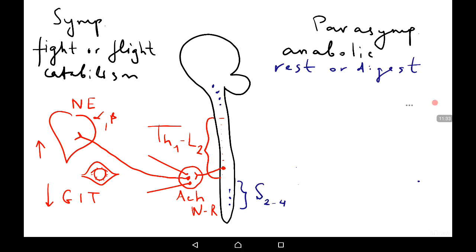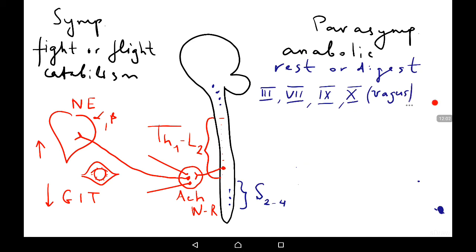So some cranial nerves, and namely third pair, oculomotorius, seventh facial nerve, ninth glossopharyngeal nerve, and tenth vagus nerve are belonging to the parasympathetic nervous system. Especially vagus nerve is very important.